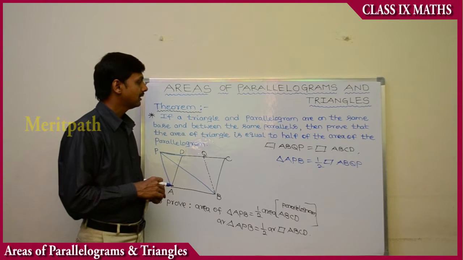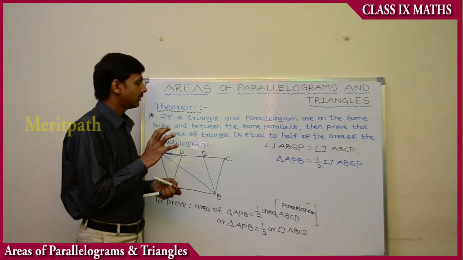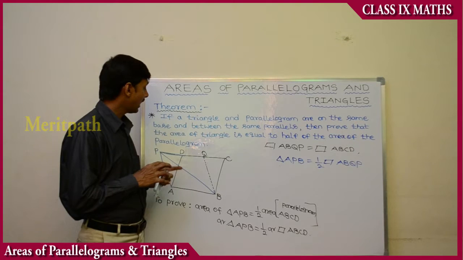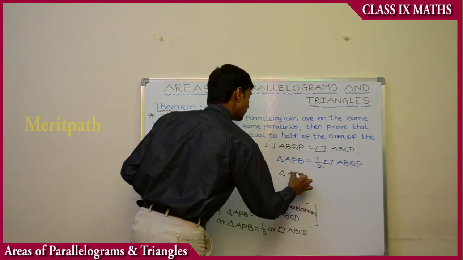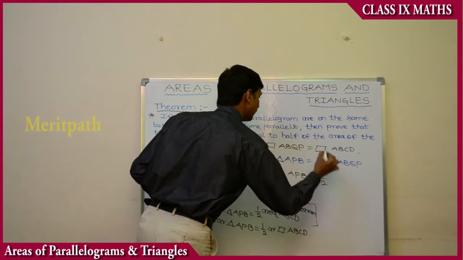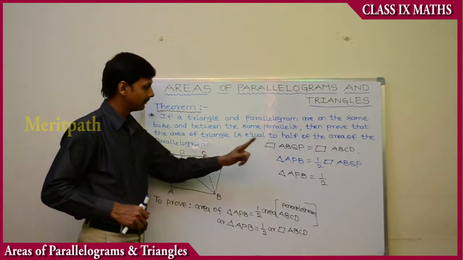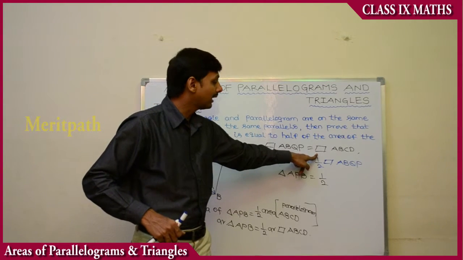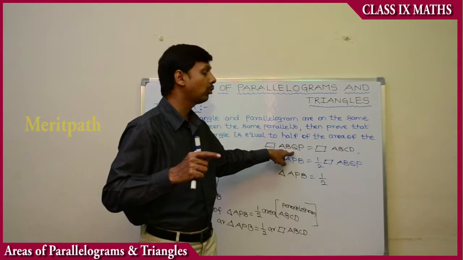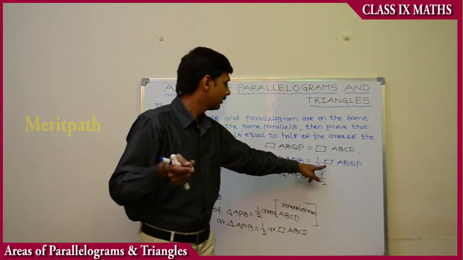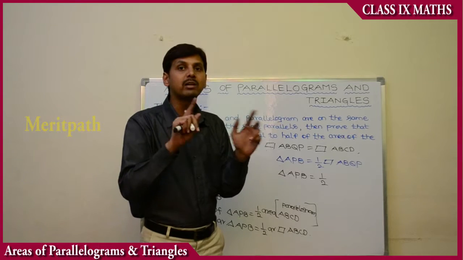So now to find the theorem, triangle APB is equal to half of parallelogram ABQP. We have proved before that parallelogram ABQP and parallelogram ABCD are equal.